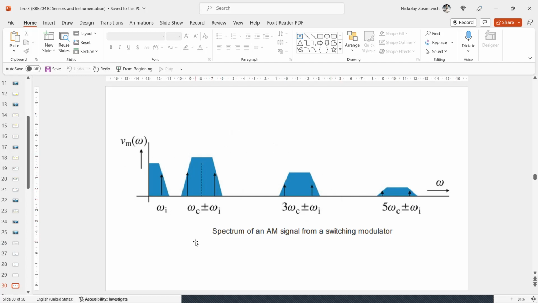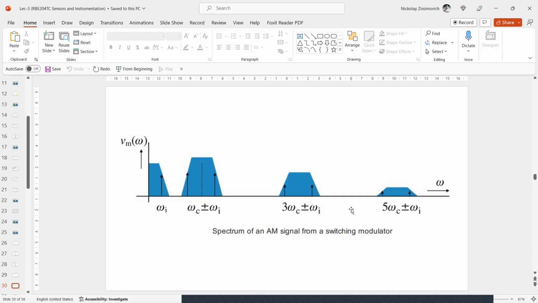The low frequency component originates from the multiplication by means of S(t), and here we have only 1 over T. This low frequency component and all components with frequency 3 omega C and higher can be removed by a filter, and the resulting signal is just an AM signal with suppressed carrier.